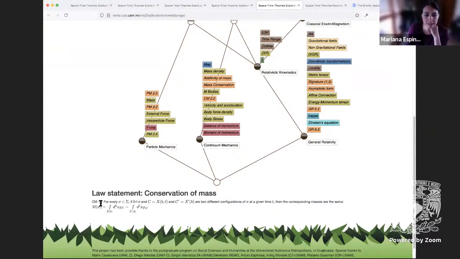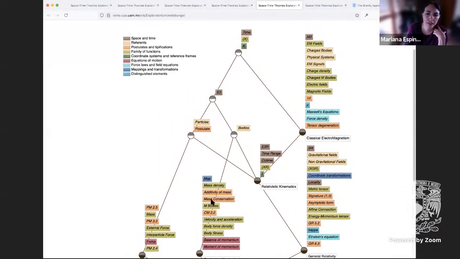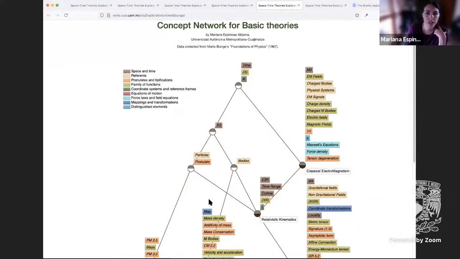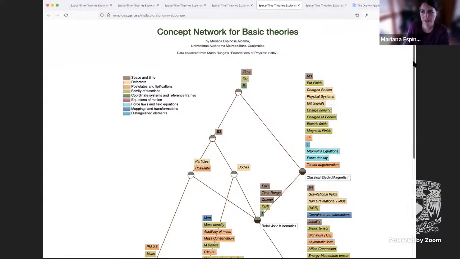So it is completely based on his axiomatization. If you look for axiom CM1.7 in his Foundations of Physics, you will find exactly this information. So this is a companion for reading such books as Bunge's Foundations of Physics and Michael Friedman's Foundations of Spacetime Theories.